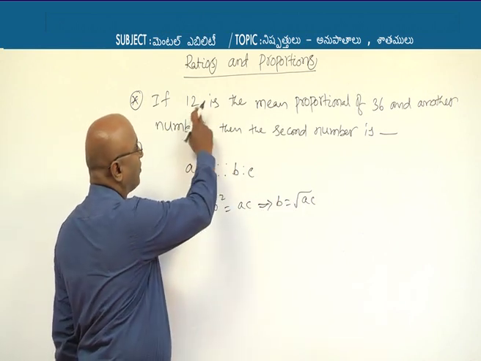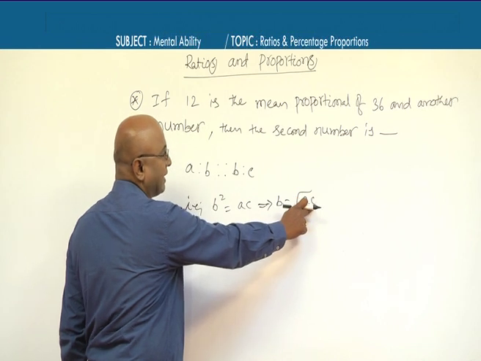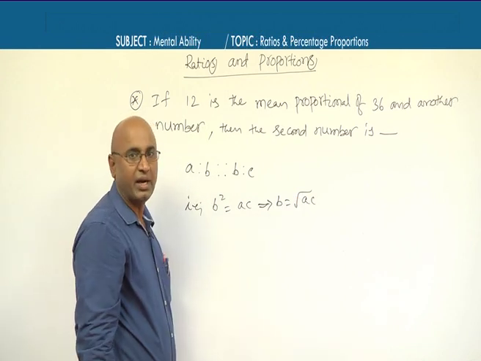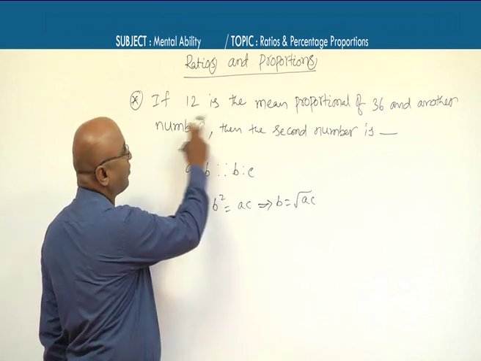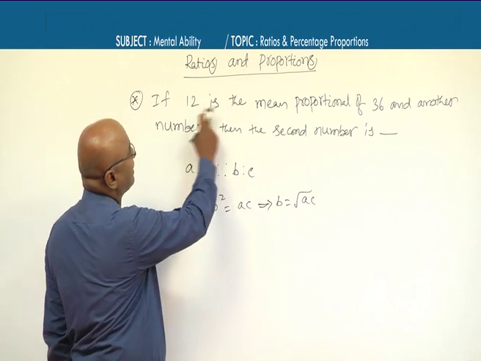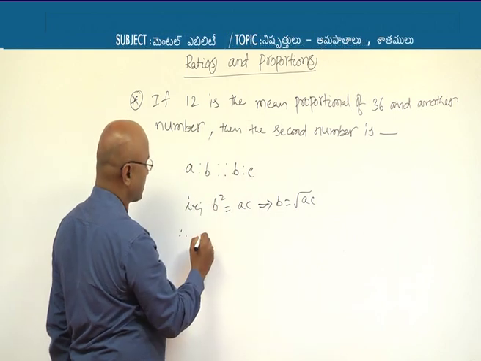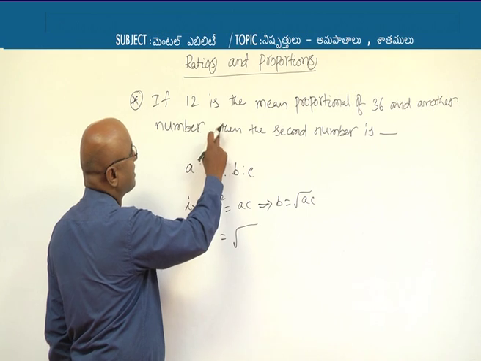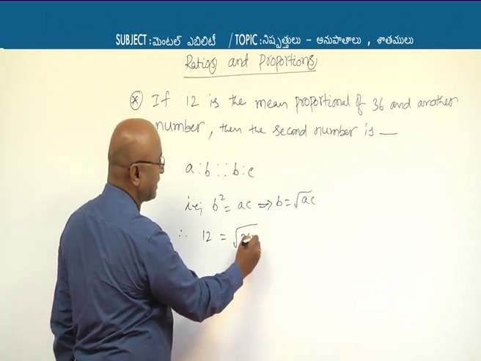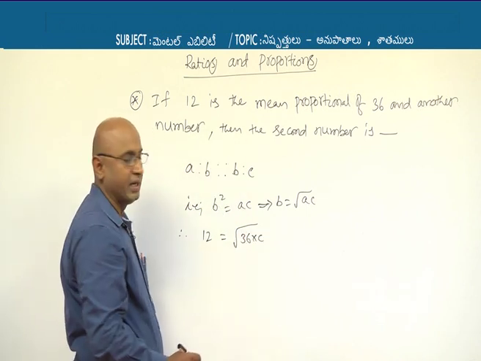Here in the problem, only A is given and C is not given. Then we have to find the second number. Therefore, the mean proportional given is 12, that is equal to the square root of A, where one number is given as 36 and the other number C is not given.